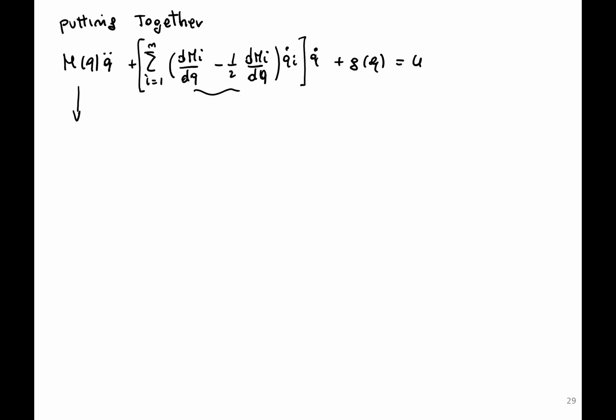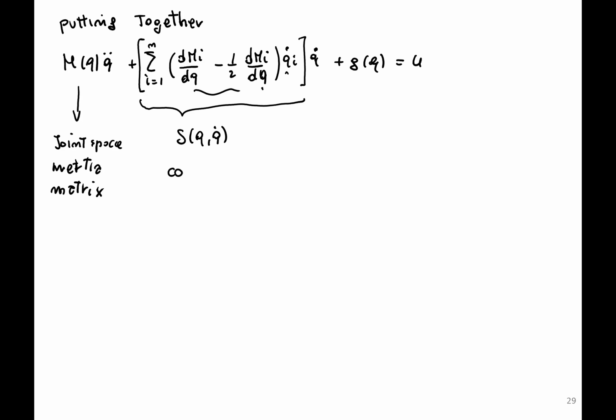This is the joint space inertia matrix. This is what we call S of q and q dot, because we have dependency on both q and q dot.